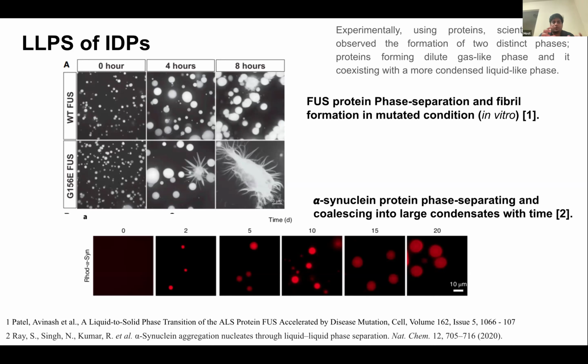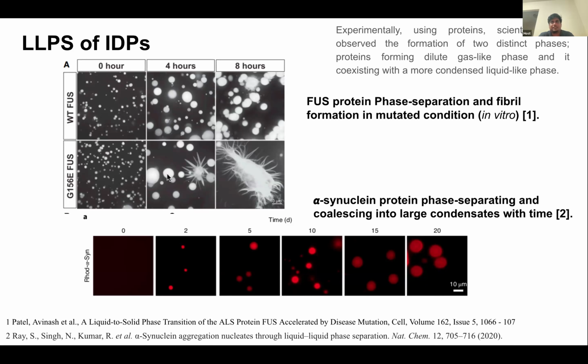First, these proteins are there. If there is a mutant, for example the G156E mutant in the FUS protein, it will lead to proteins interacting, and they form a small phase separated cluster. Generally these proteins interact together and form one globule, called a phase separated structure.